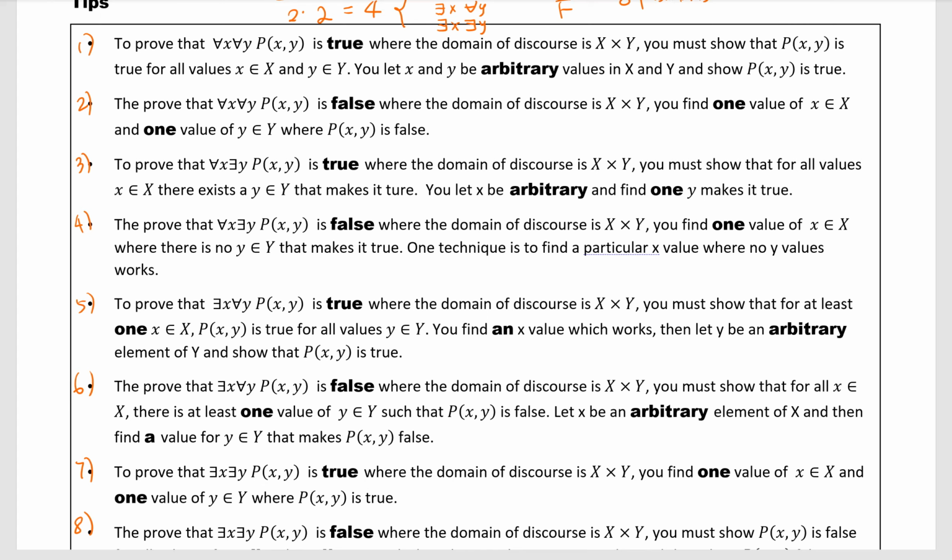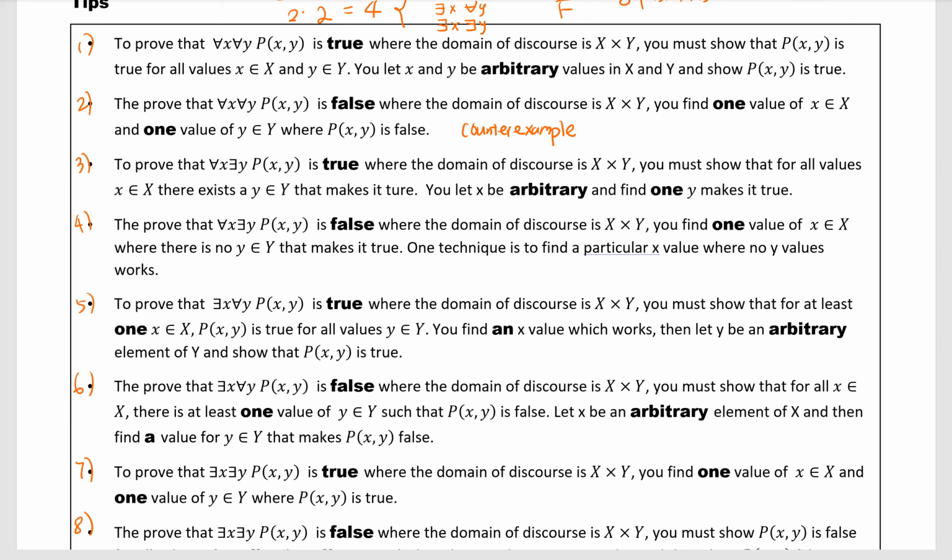If your domain is R squared, you say let x and y be arbitrary real numbers. We really like the word arbitrary. Then you continue to show that P of xy is true. Second, to prove this statement is false, you just need to find one counterexample: one value of x and one value of y such that P is false.